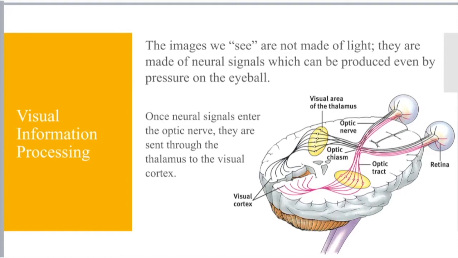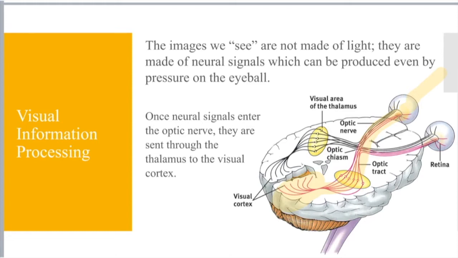So you have light that comes into your eyeball. It's taken in by the cones and the rods, and it's sent to the bipolar cells, the ganglion cells, transferred into a neural signal that travels down the optic nerve through the thalamus and into the visual cortex, which is where whatever you're seeing is being processed, right?